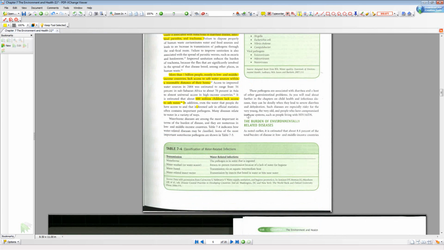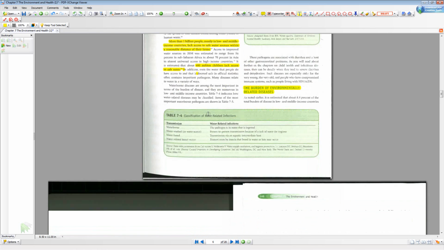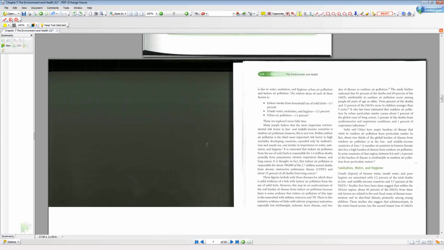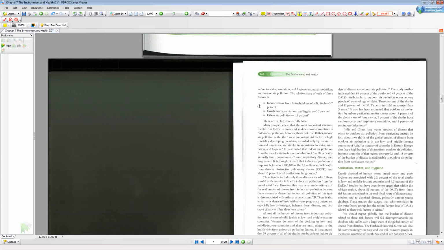As you continue reading, make sure you read through the section on the burden of environmentally related diseases. This will be important for you as you study this chapter. And again, when using a narrow definition of environmental health or the environment, only about 8.4% of the total disease burden in low and middle income countries is related to water, sanitation, and hygiene, and then pollution.